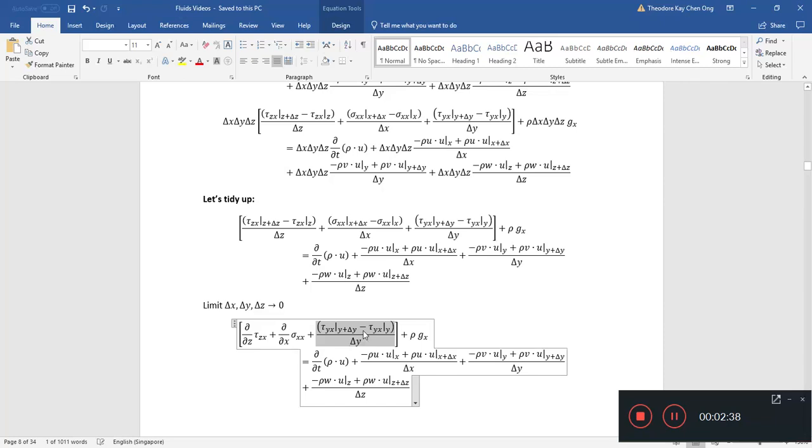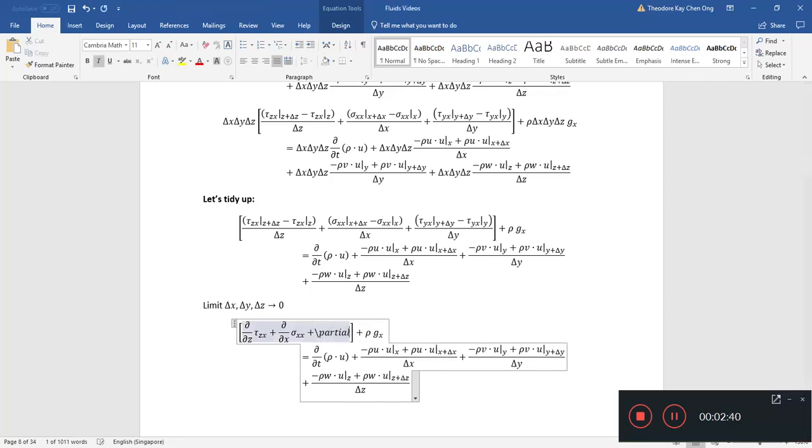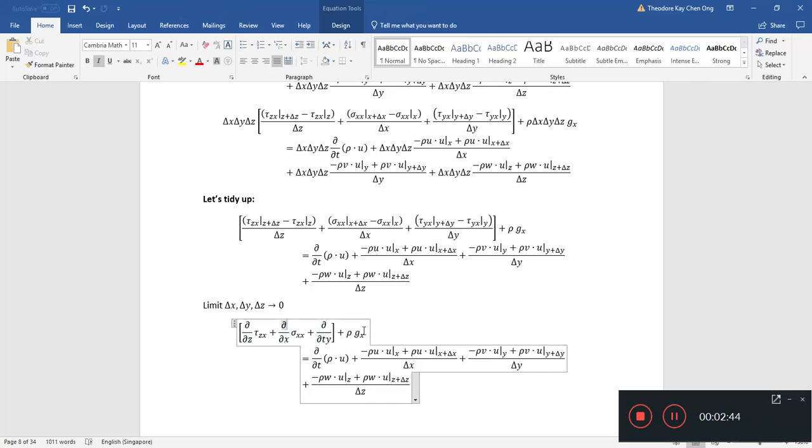And likewise, this one is a partial with respect to y, tau, acting on the y plane in the x direction. You see that these letters are the same here. The first letter and this letter are the same.